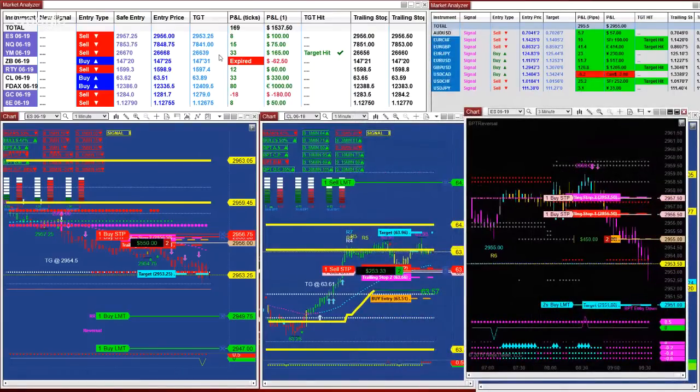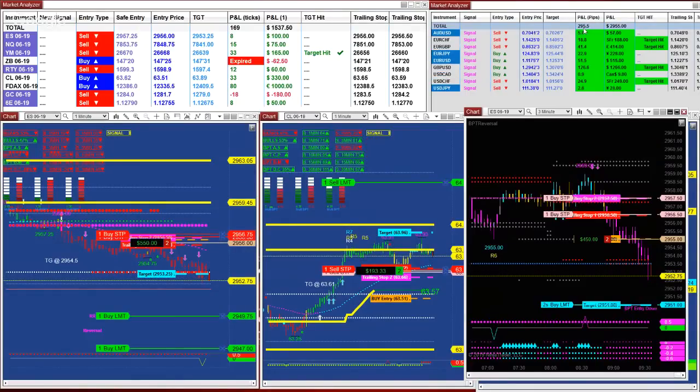You can use the system, the signal entries, for stocks, forex, and also for futures. If you look at the forex here, at the moment in profit, we have 295 pips, and you can use it in the stocks as well.